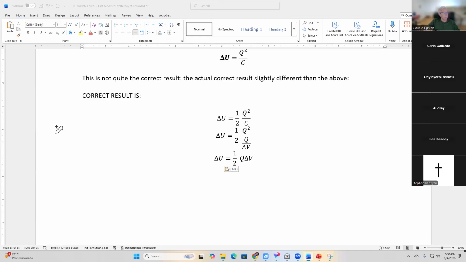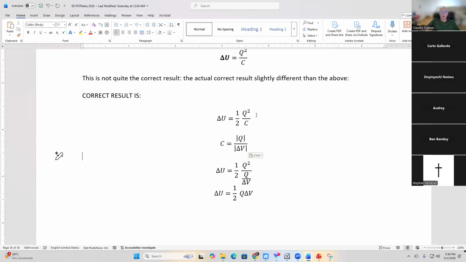Let me do this step by step. Here's the equation, right? C is Q over delta V. So you get something like that.